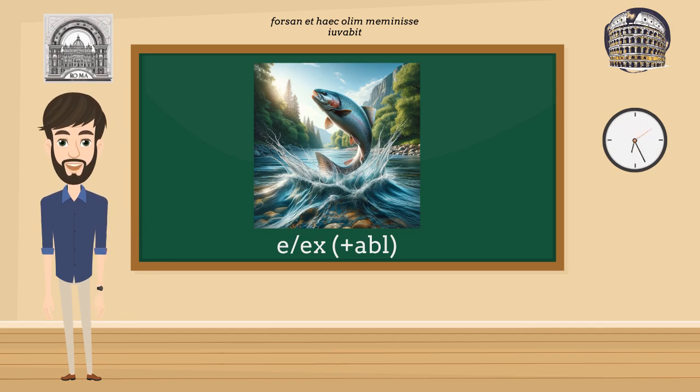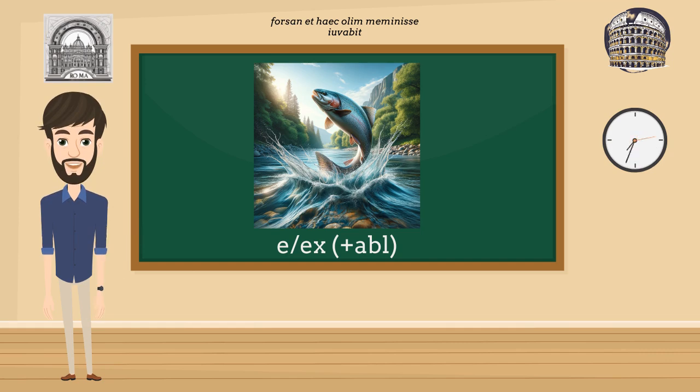Notice the two forms of the preposition ex. They work very similarly to the two forms of the preposition ab, and they use the same rule to determine whether ex gets the letter x or not. They're both followed by nouns in the ablative case.